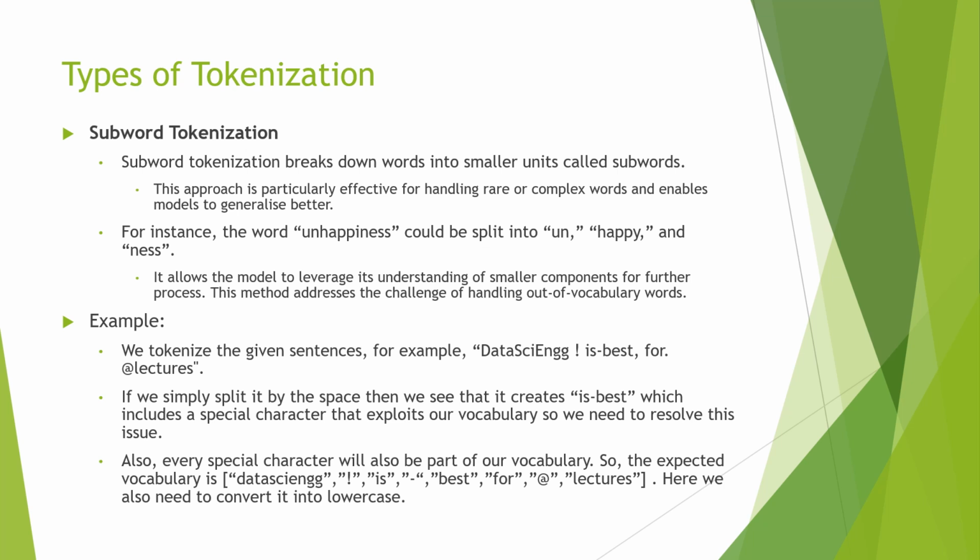For example, when we have mail IDs or some special characters in the sentence, like this: data science engineering is the best lecture for students and teaching community. If we divide this into smaller chunks, then even the combined words which include special characters will be split into separate tokens, so the model can easily understand.